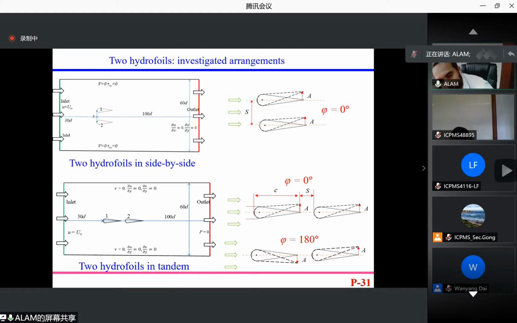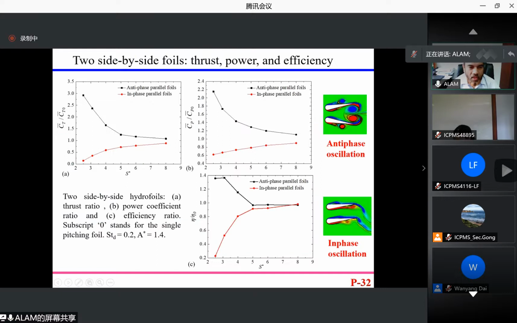So we considered anti-phase and in-phase condition, and also we considered the tandem arrangement, one behind the other. Again, in that case, two phases are considered, phi equals 0 and phi equals 180 degree, again in phase and anti-phase.